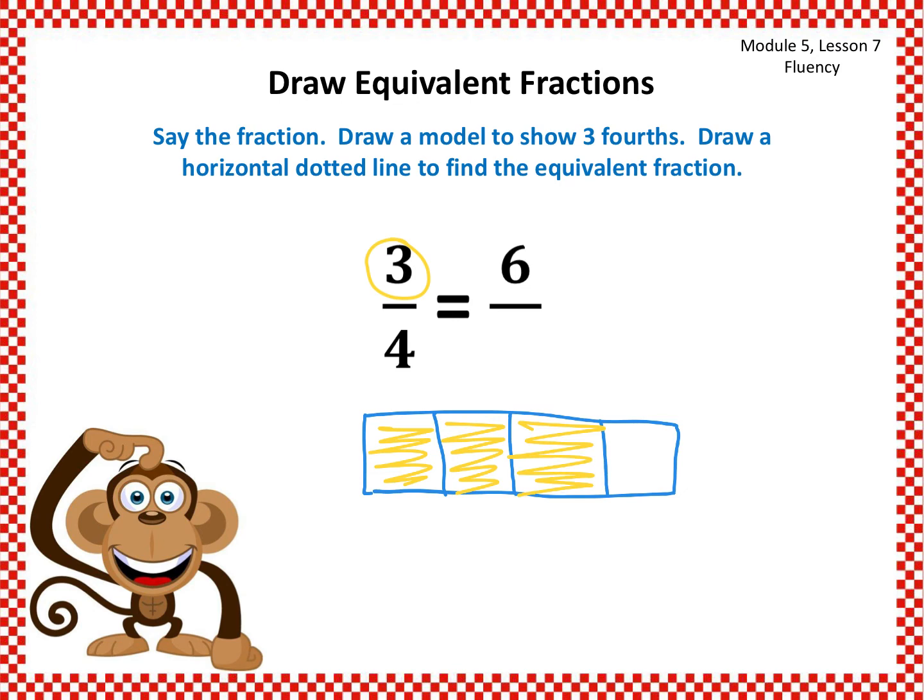And then they've asked me to draw a horizontal dotted line again. So I'm going to draw that across. Whoops. Kind of my dotted line got undotted, but we are going to now count. So now I have 8 parts, and I have 1, 2, 3, 4, 5, 6 of those are shaded. So 3/4 is equivalent to 6/8.